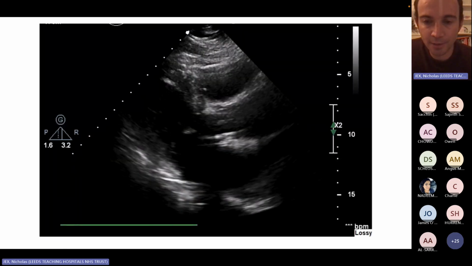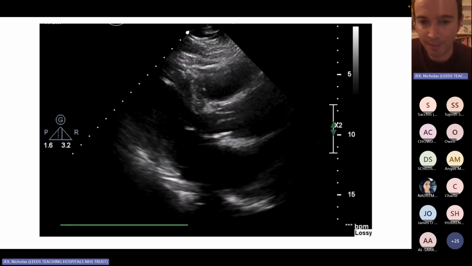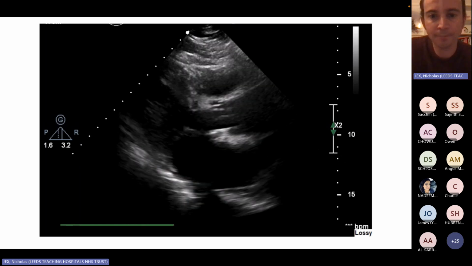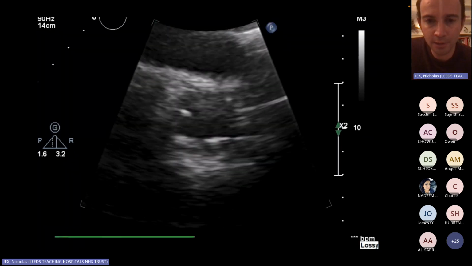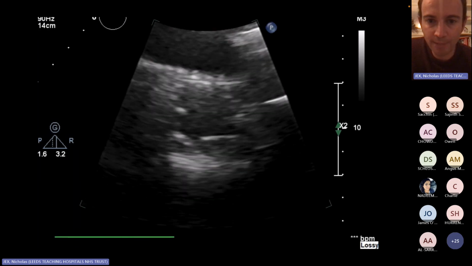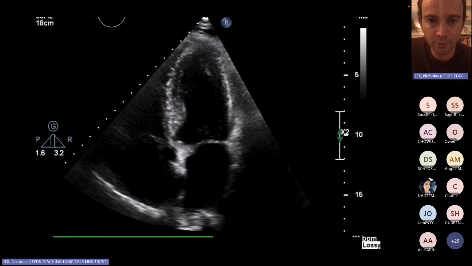So this is his echo 3 months after surgery, back in September 2020. I'll just show you some of these images. Not the best quality, but here we've got 4-chamber.